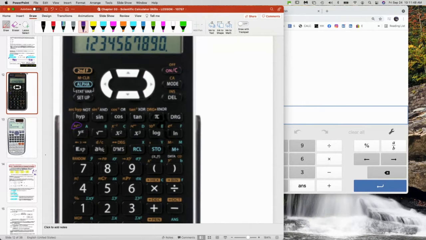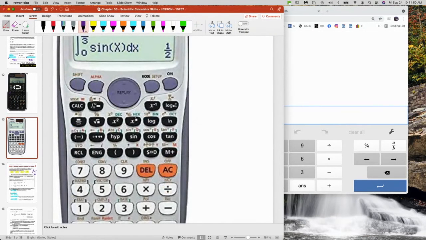For your calculator, Marco, your button's right here. Does yours look like this one? Confirm, Marco. Does this look like your calculator? Okay, good. So you're going to type in 4, shift, and then this button here, because the root button is right here. Actually, your calculator, you don't have to type in the 4 first.